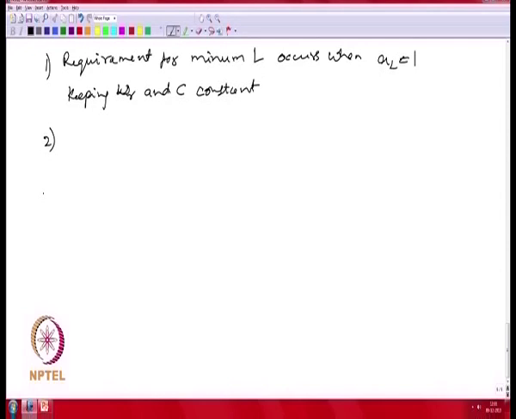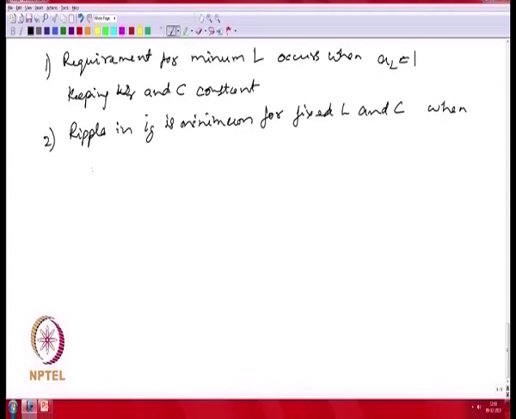Another property that you would observe is that the ripple in Ig is minimum for fixed L and C when AL is equal to 1.